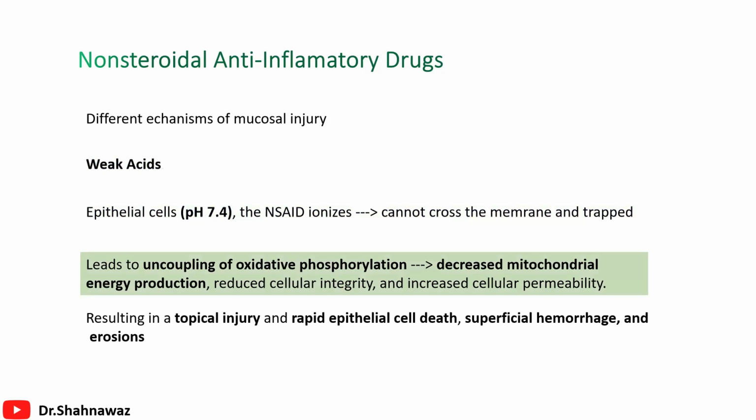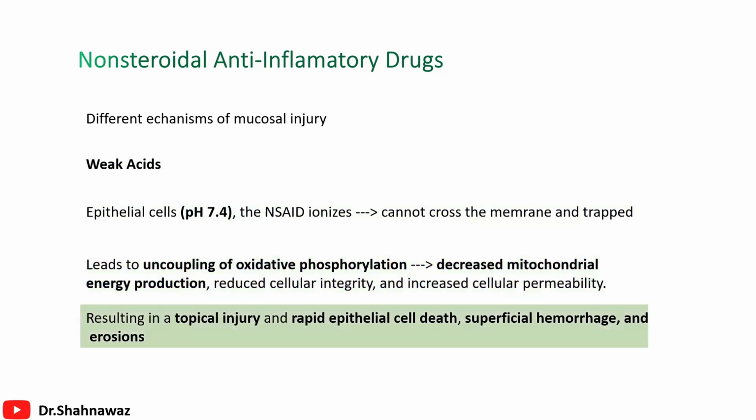That leads to uncoupling of oxidative phosphorylation and decreased mitochondrial energy production, which could result in reduced cellular integrity and increased cellular permeability. We see topical injury, the epithelial cell may die rapidly, and superficial hemorrhage or maybe some erosions could be present.